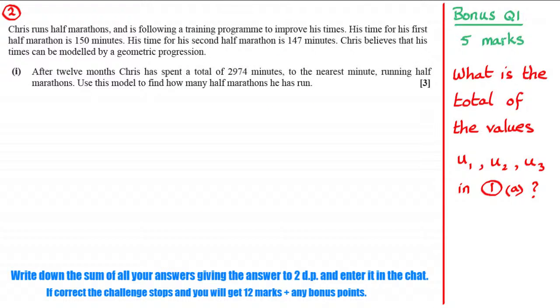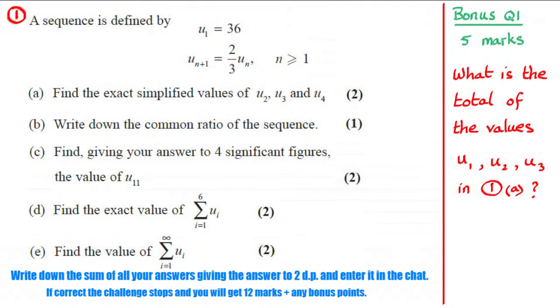If you're the first one with the correct answer, then you'll get 5 extra bonus marks. I've got Michael on the other end who will announce who the winner is.